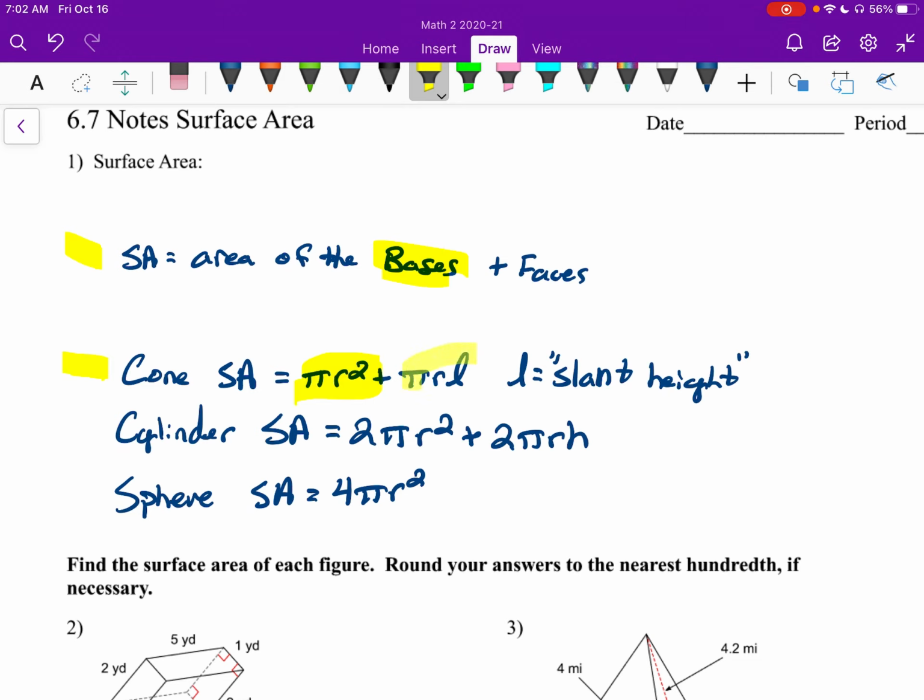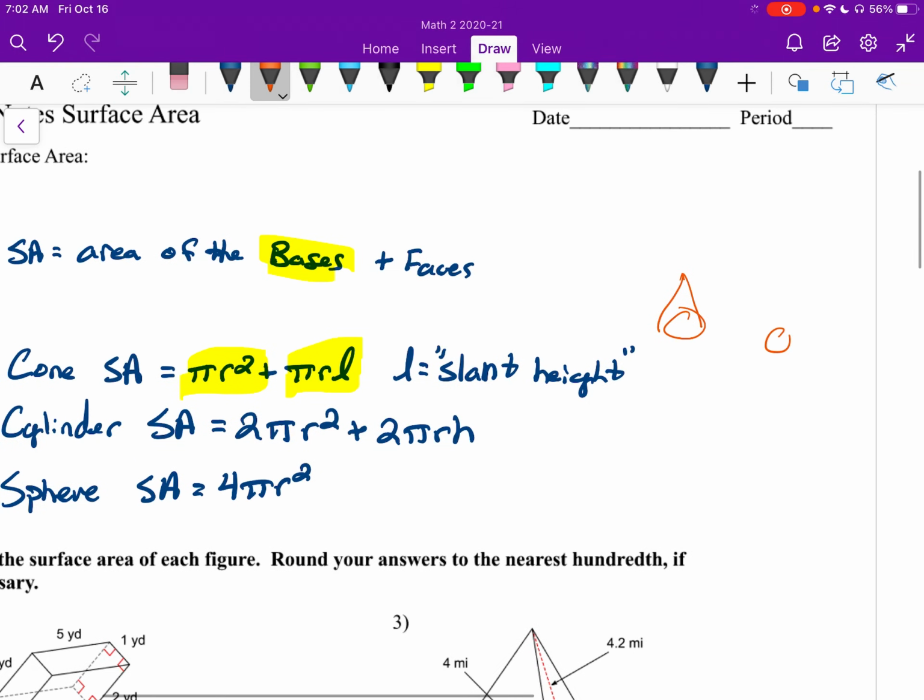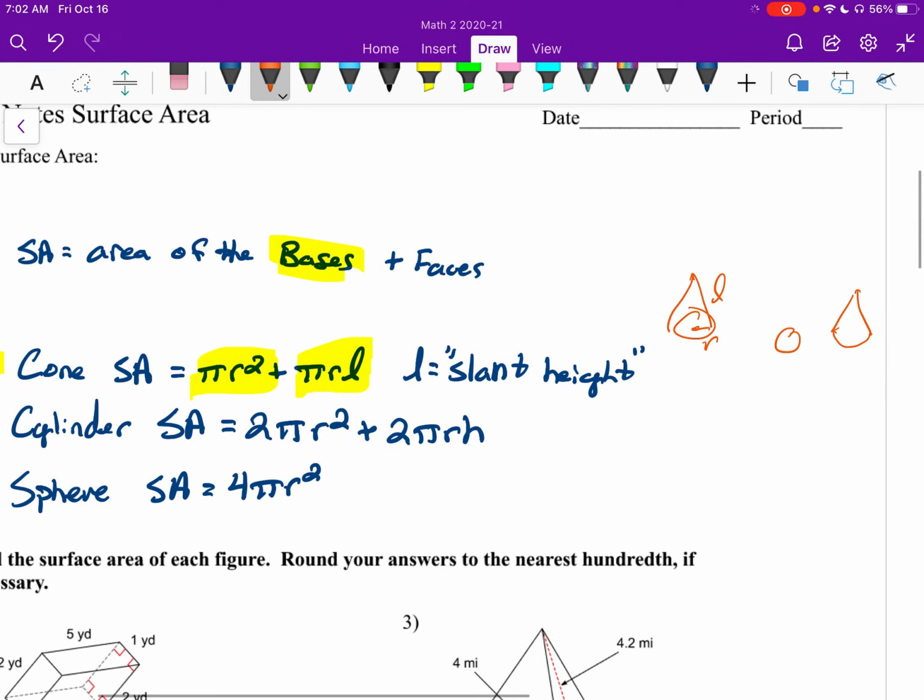And then pi r L, I don't have a really good way of explaining that one, but if you take a cone and you unwrap it, you're going to have a circle, and you're going to have a piece that looks something like that. This is where L goes, and there's your R. So this would be the pi r squared piece, and this would be the pi r L piece.